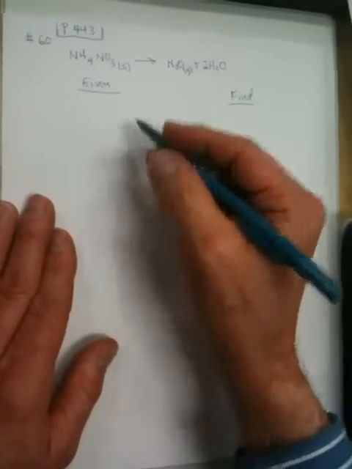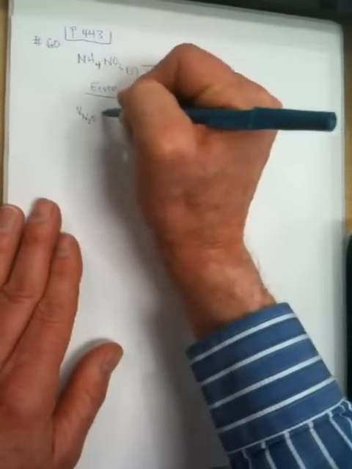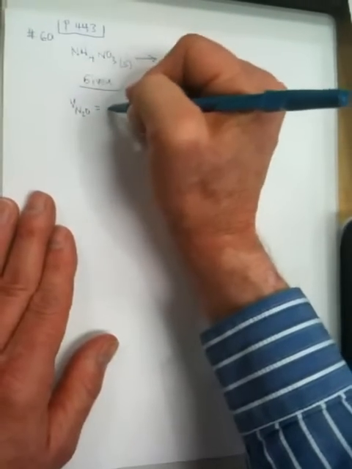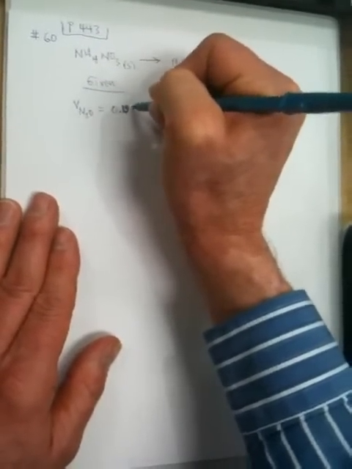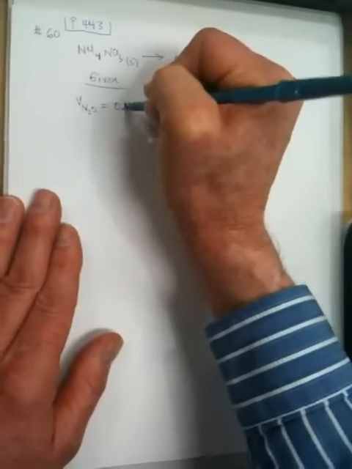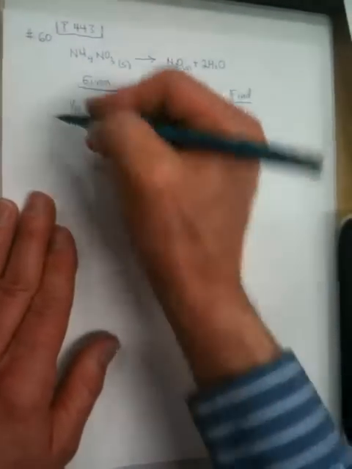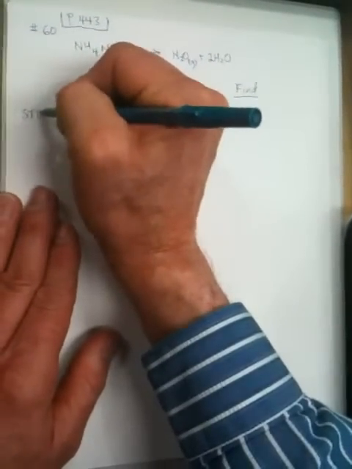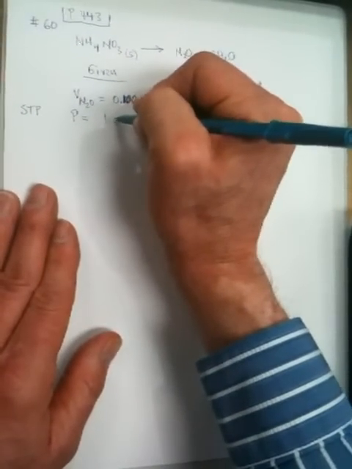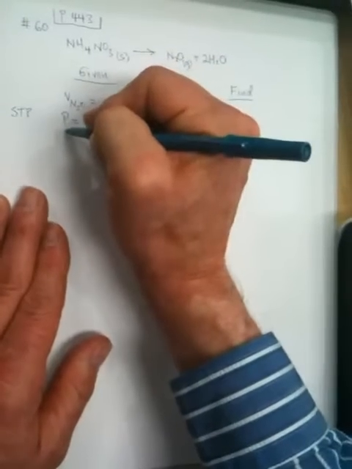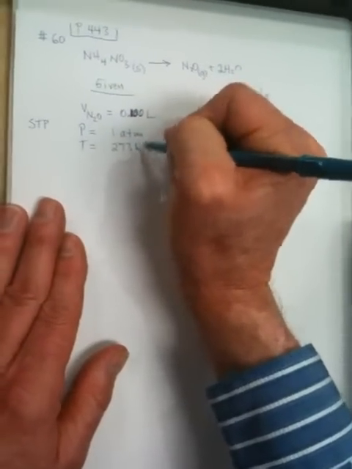And our given in this case is a volume of N2O equal to 0.100 liters. And we are at STP, they tell us, and because we're at STP, we know that the pressure is equal to 1 atmosphere, and that the temperature is equal to 273 Kelvin.